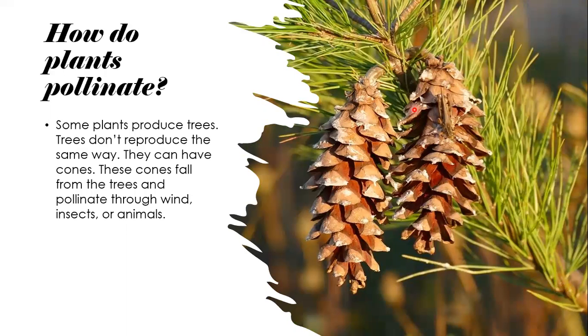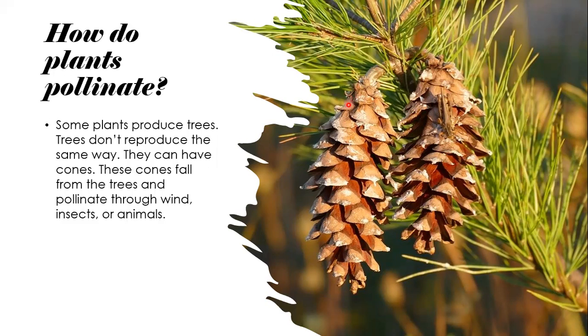Others, like trees, don't reproduce the same way. They can have cones, like pine cones. Everybody likes to play with pine cones, especially kids. Believe it or not, even my girls still like to collect pine cones. These pollinate in kind of the same way.